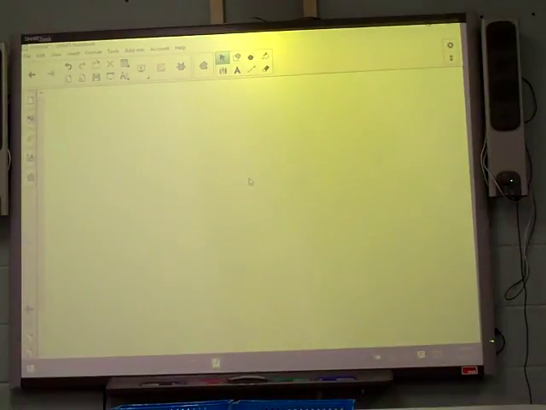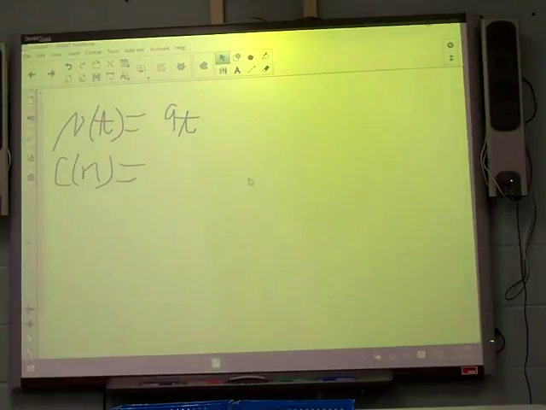Alright, so we're making VCRs. N of T is equal to 9T. That says T is the number of hours that the factory's been in operation, and N will be the number of VCRs that they've made. Then you got another one, C of n, that's a lowercase n on this one, is 239 plus 29n.